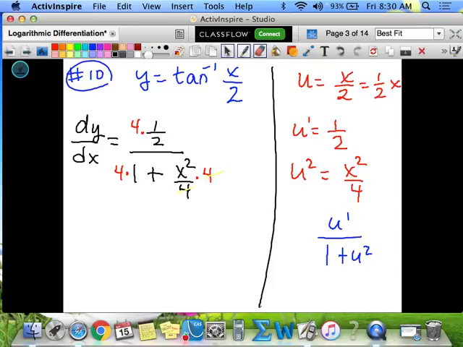So I do that scrap work on the side and write my formula down. Every inverse trig function has a u prime and a u squared. What's happening with the u squared? I squared both pieces, x over 2. I was thinking you were squaring 1/2. No, no. Okay, I got you. You ready for me to keep going?